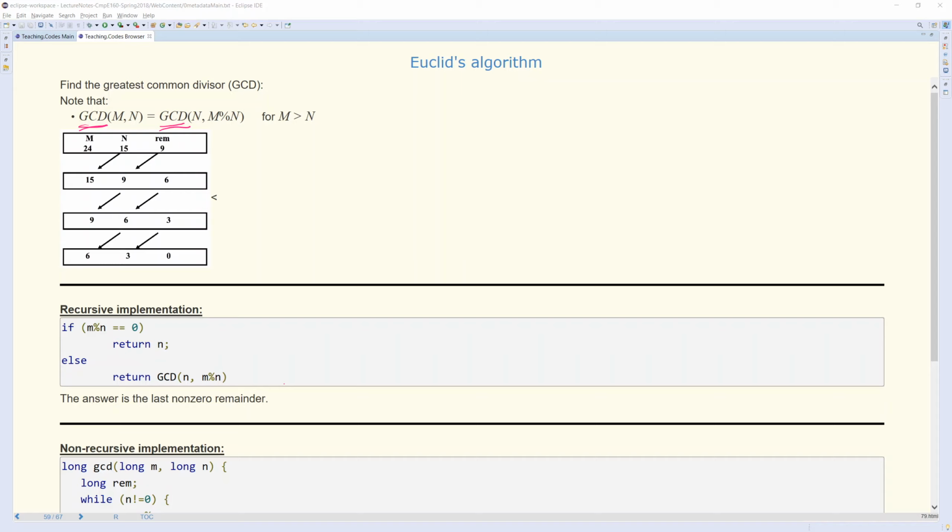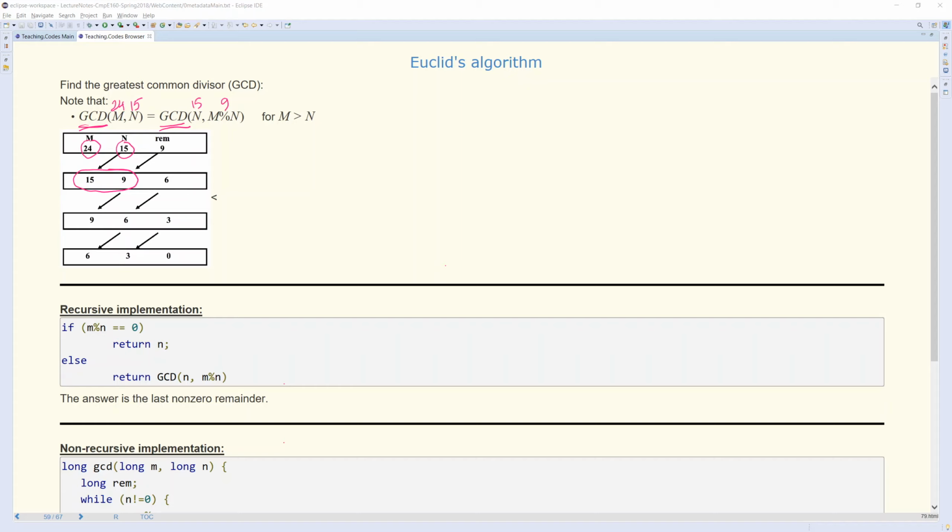So let's see the example in the figure here. We're trying to find the greatest common divisor of 24 and 15. This is equal to the greatest common divisor of 15 and 24 modulo 15, which is 9. So now I'm looking at the greatest common divisor of 15 and 9.